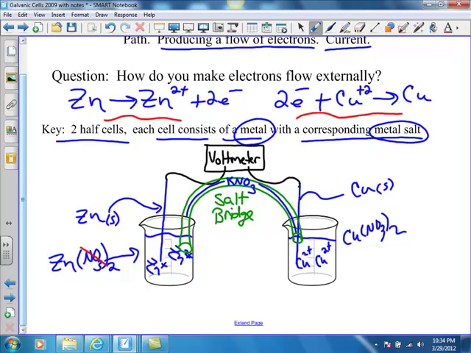But now, how do the electrons flow? Well, you have to go back to the half reactions way up here. Zinc is going to be what loses the electrons, okay? So what's going to happen here is, out of this piece of zinc metal that I have right here, zinc is going to have electrons that are going to flow out of there, okay?